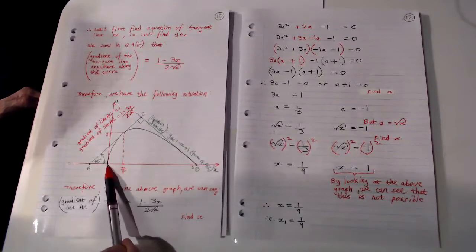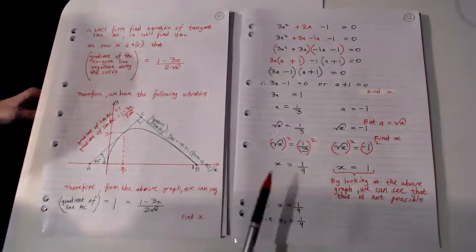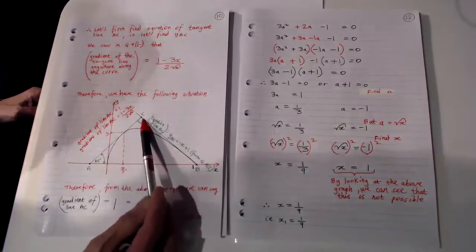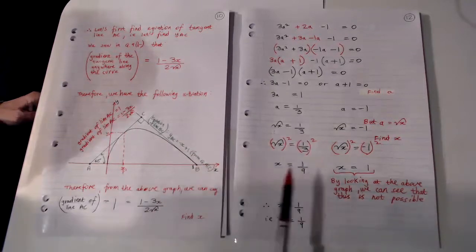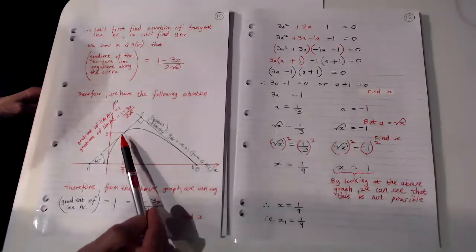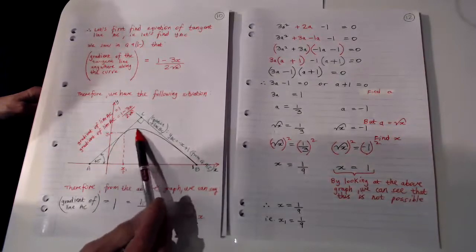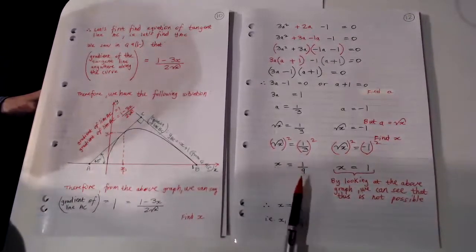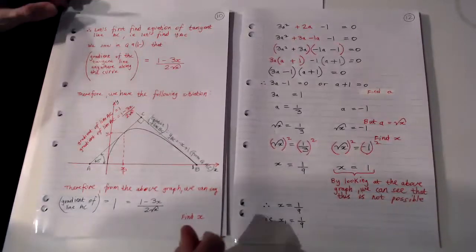And if that's x equals 0 and that's x equal to 1, then clearly the intersection point between the green tangent line AC and the black curve won't be at x equals 1. So x equals 1 is out, but it's feasible to see that the intersection point between the green tangent line here and the black curve here is x equals 1/9. So it's just going to be x equals 1/9. So therefore x sub 1 is 1/9.